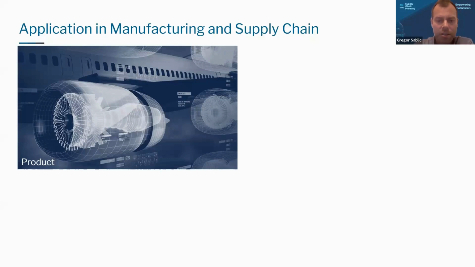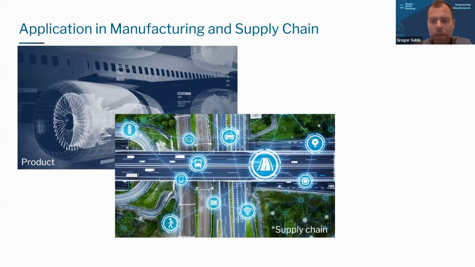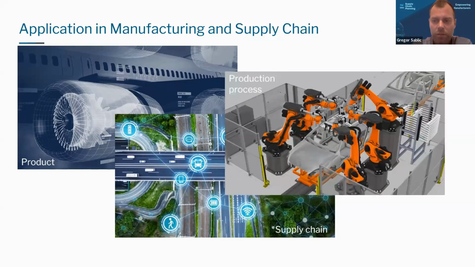The second thing, and this is actually also a thing which we will mostly focus on today, is that they can model the entire supply chain, providing also insights into logistics, inventory levels, as well as supplier performance. And they can also enable digitalizing the whole production process, and with digitalizing also optimizing it.